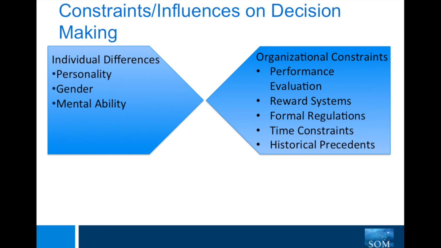For example, if you're a sales manager and you're given a bonus based on signing new customers, you might choose to emphasize signing new customers as opposed to maintaining relationships with existing customers. And that's an example of an organizational constraint influencing decision making.